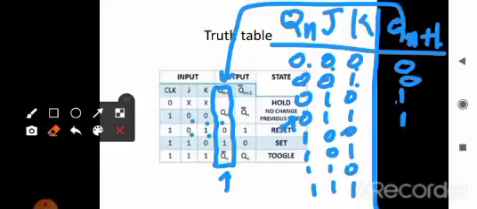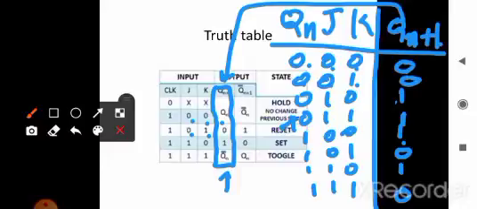Next, when J is equal to K is equal to 0, Qn plus 1 is equal to Qn. So what is the value here? It will be 1. It will be once again 1 when J is equal to 0 and K is equal to 1. That is 0 here. When J is equal to K is equal to 1, it is the complement, that is 0.